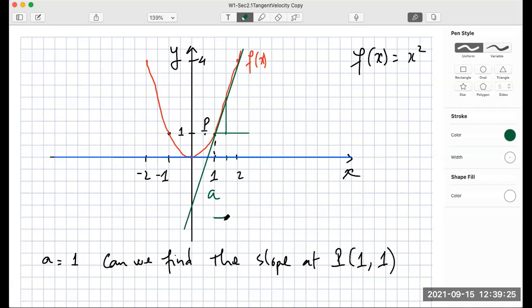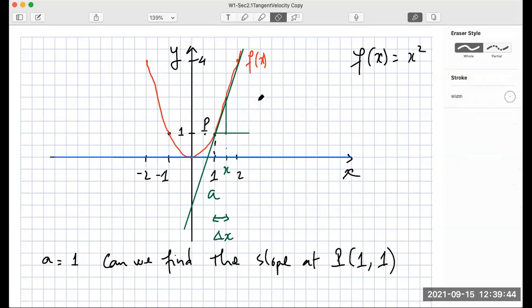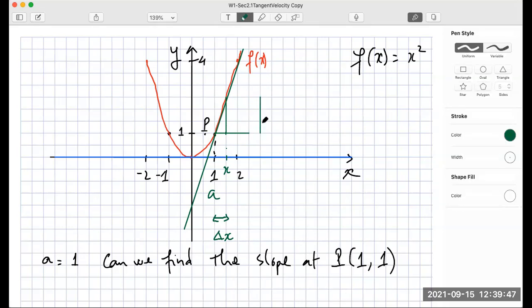So if the point x here is approaching 1 from the right-hand side, then this change, we call it delta x, right? And the change in y is the difference in f of x.